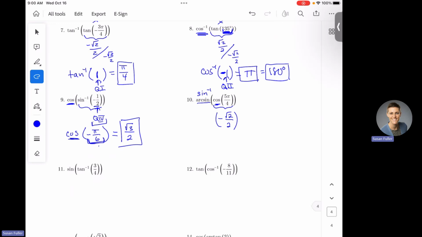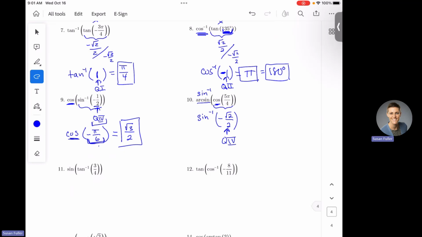Okay, that's the inside forward part. Now we have to finish this problem and do the outside backwards part. So now I'm taking the inverse sine of negative root 2 over 2. This is a backwards trig function, so this is a ratio inside there. And I have a negative ratio going into arc sine, so we're headed to quadrant 4. And remember, in quadrant 4, negatively rotating angles.